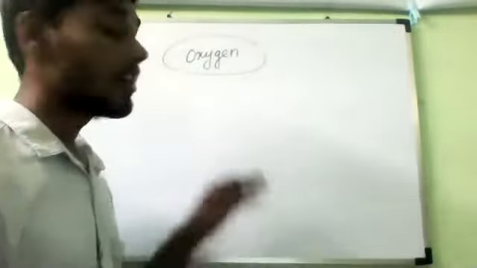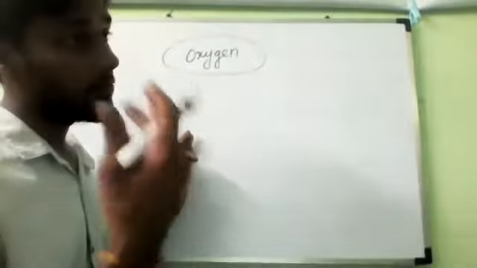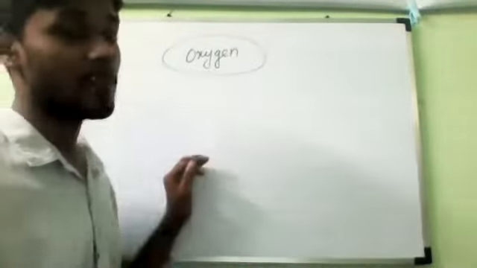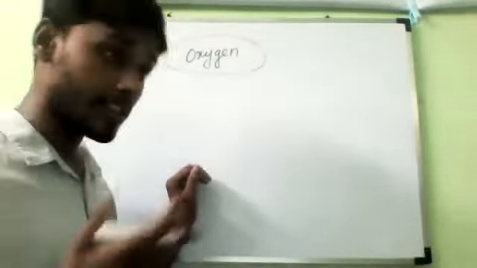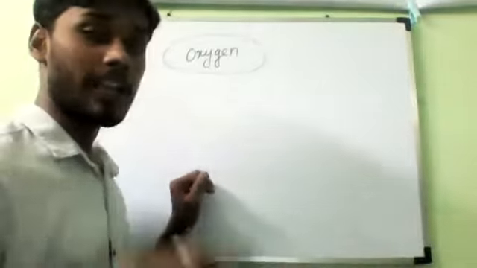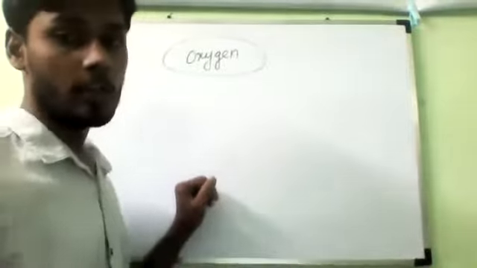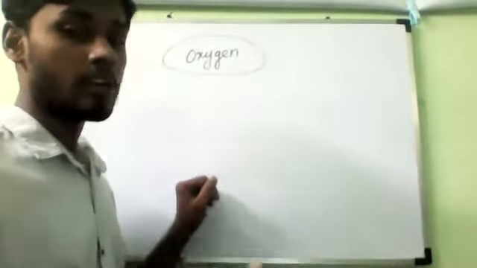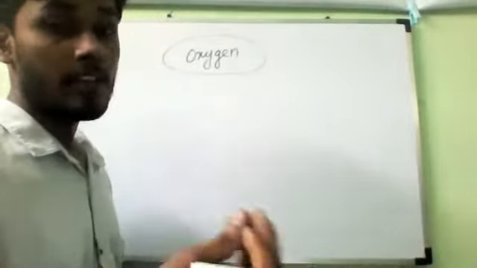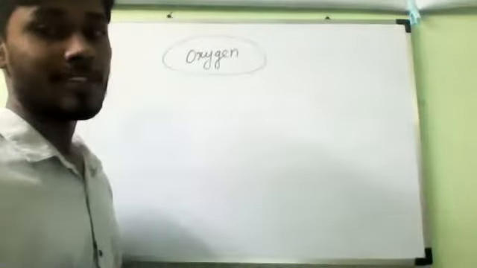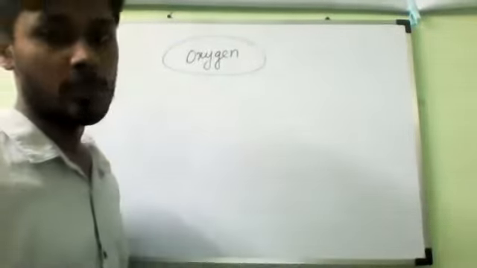So understand, most of the plants and most of the animals in our surroundings, like us human beings, animals like cow, cat, buffalo, horse, lion, tigress, everything takes oxygen from the outside. By using oxygen only, they carry out respiration.